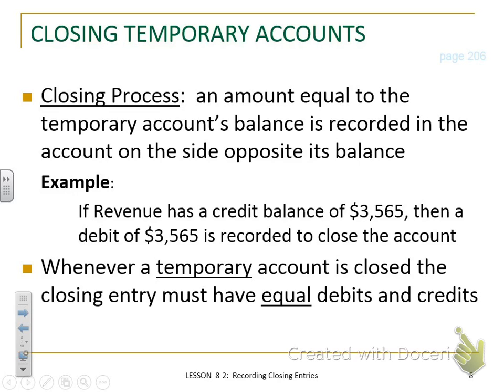And then you roll that into this temporary account that we're going to talk about, income summary. So if revenue has a credit balance, which it's always going to because it's got a normal side balance of credit, then to close it out, we're going to debit our revenue for that $3,565. Whenever a temporary account is closed, the closing entry must have equal debits and credits, and you'll see that in a minute.